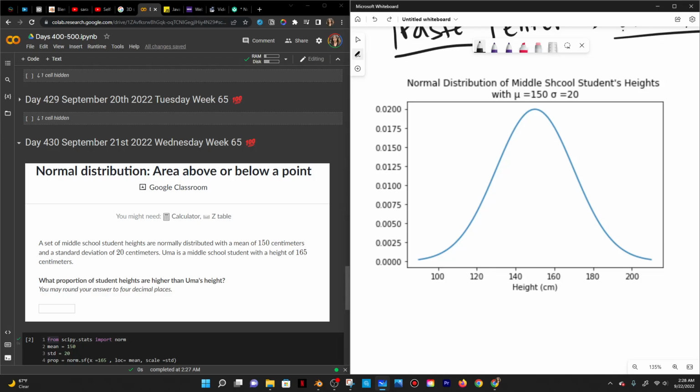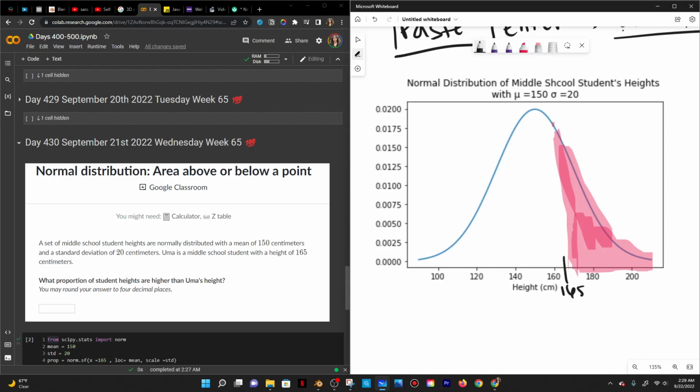Then we're looking for Uma's height, which is 165, so that's about over here. What we found is the proportion of heights higher than Uma's height. That is the area that we found with all that normal CDF stuff.